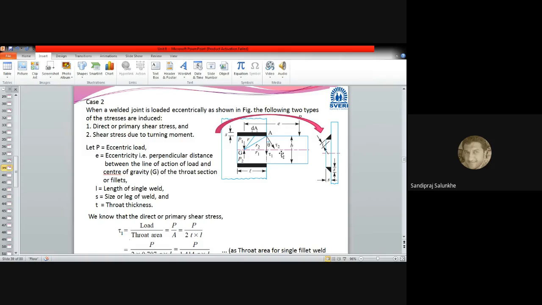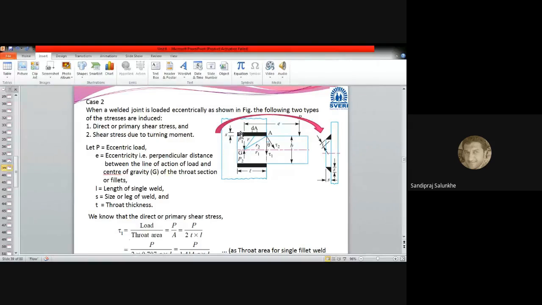The shear stress which is created in all this welded joint, the tau 2, is generated, and the moment about this CG of all the forces which are acting because of the eccentricity should be zero.